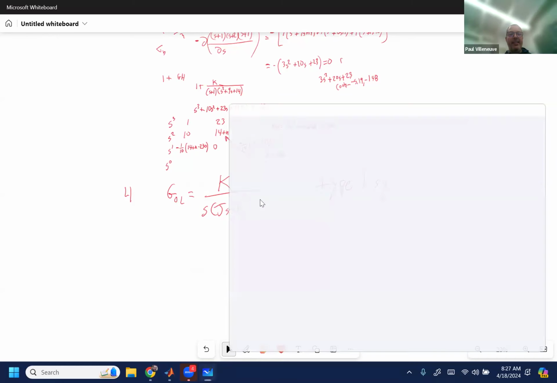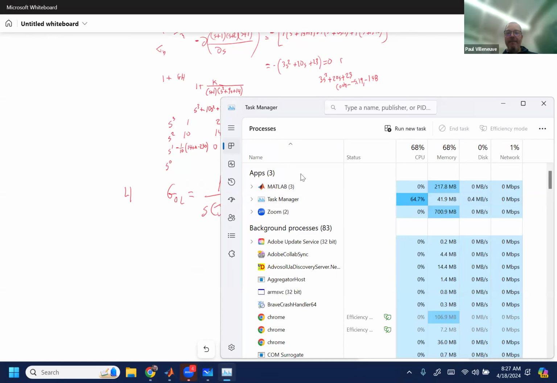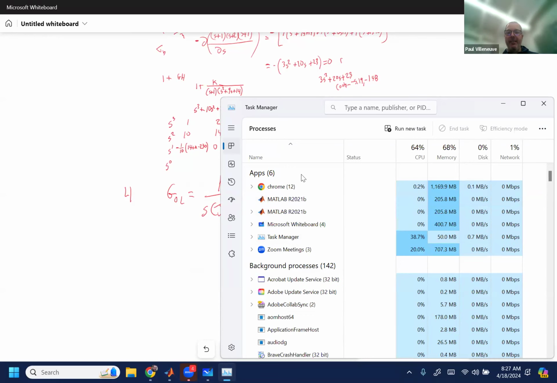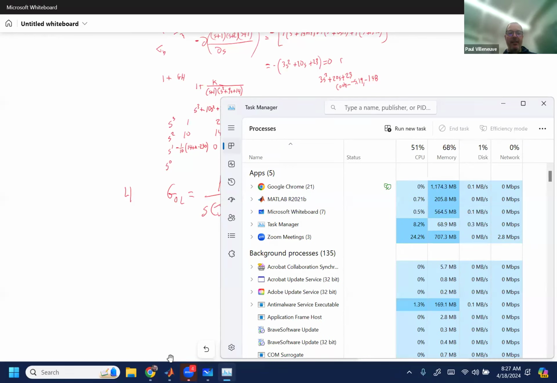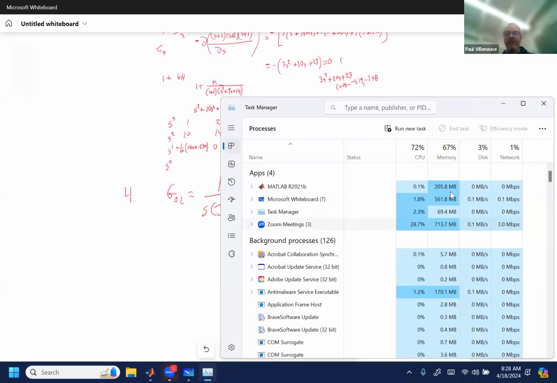It's on its last legs in terms of just doesn't have a lot of memory. I hate to close MATLAB. I'll close Chrome. It is clearing up a little bit of memory. Let's give this a second just to see if it improves the performance, but whiteboard is taking up a lot of space too.